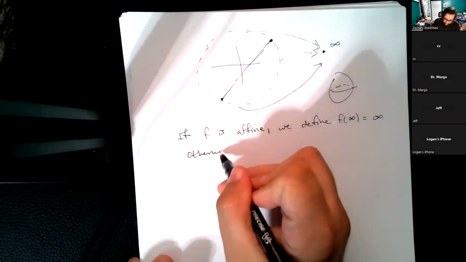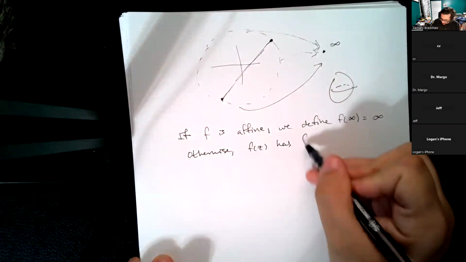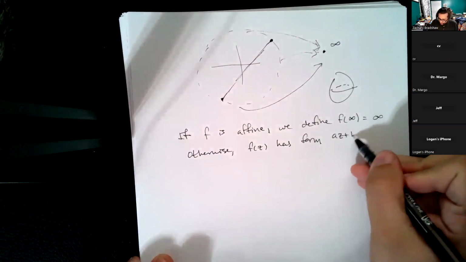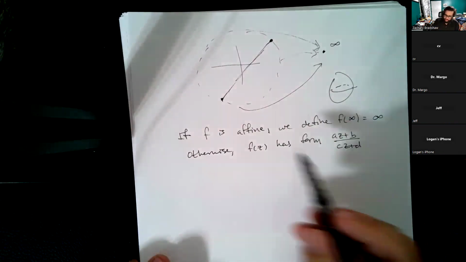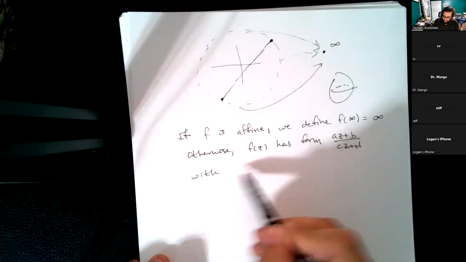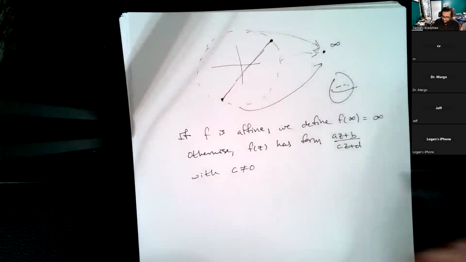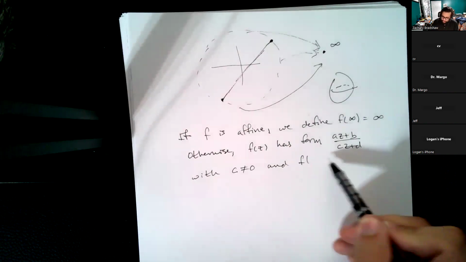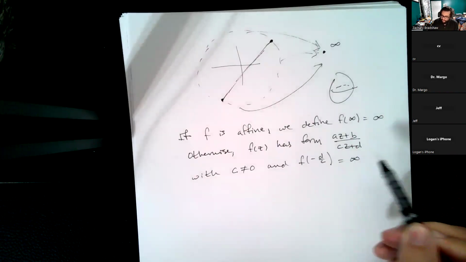Otherwise, f of z has the form (az plus b) over (cz plus d) with c not equal to 0. So again, we could just get rid of the c. And f of minus d over c is defined to be infinity.